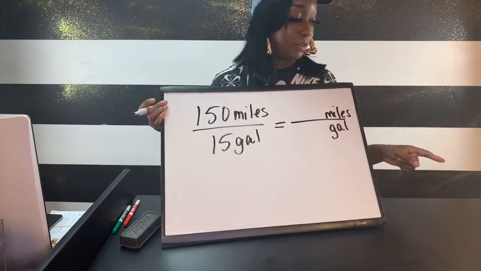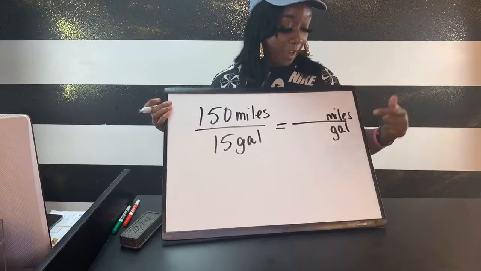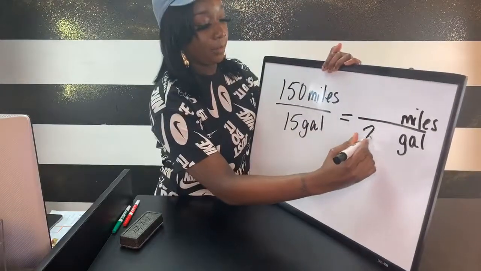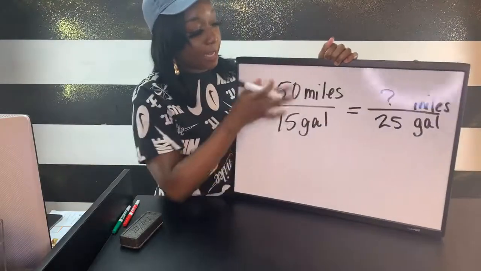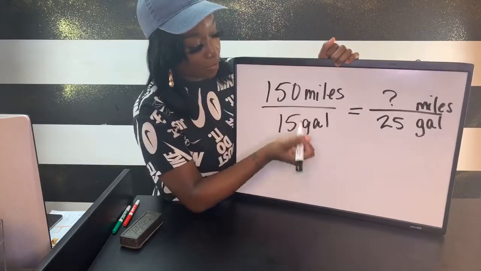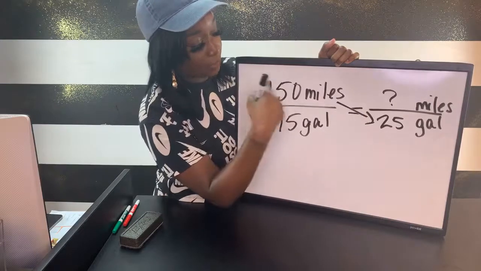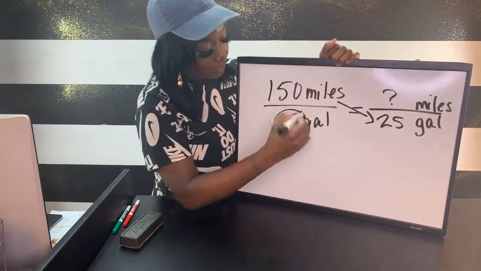It says if he uses 25 gallons of gas, how far has he traveled? Well, I know 25 gallons, that means my 25 has to go here, which means I'm looking for the number of miles. Once you get in this setup, it's the same exact thing we did for solving for a missing value given a ratio. You're always going to cross multiply these 2 values, and of course it could be either way, and then you're always going to divide by whatever is left over.